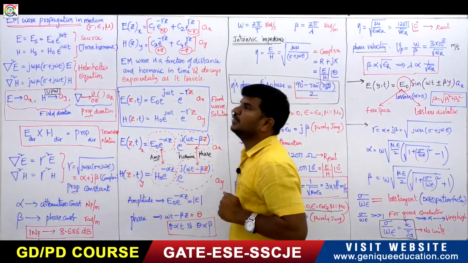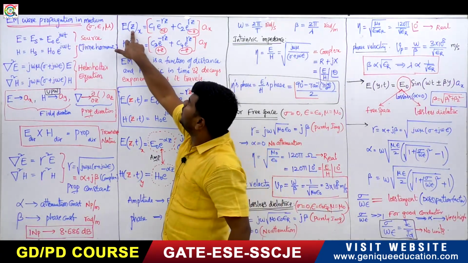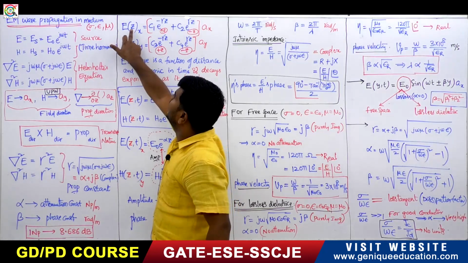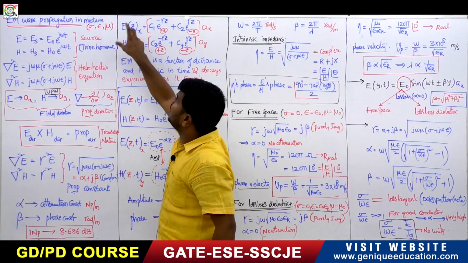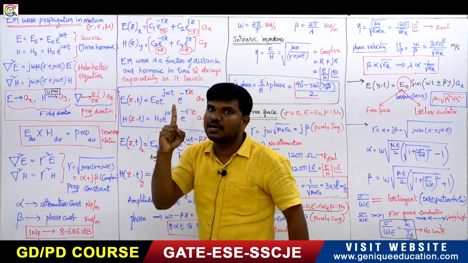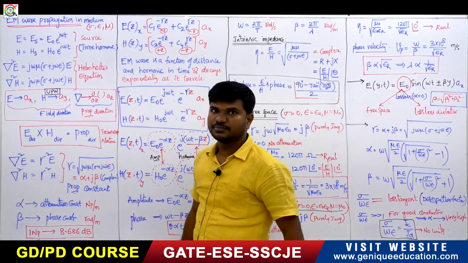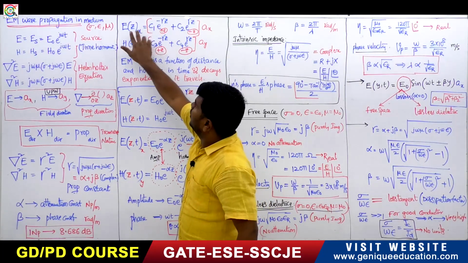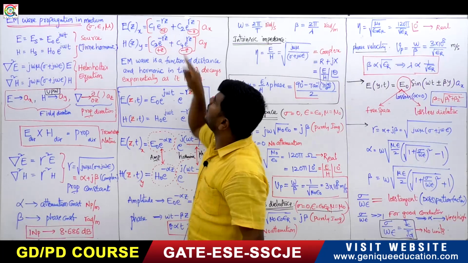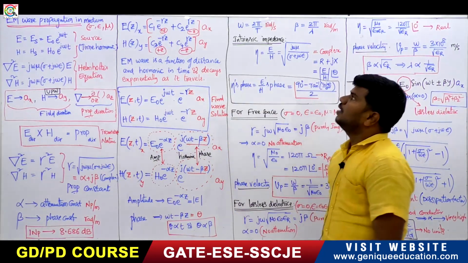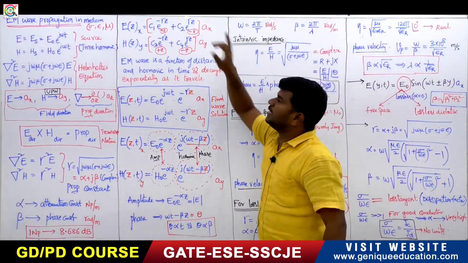That is the meaning of that. The electric field is propagating in the z direction, but it is directed towards x.